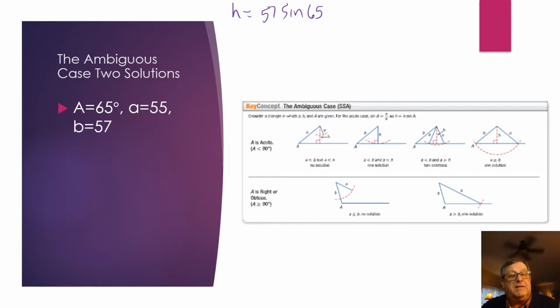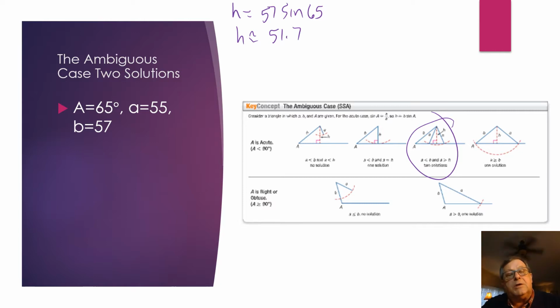So 57 times the sine of 65, and in this case H would approximately equal 51.7. Well, 51.7 is less than side A, which means we're still in the scenario where A is less than B and A is greater than H. 55 is greater than 51.7, which means we have two possible solutions.